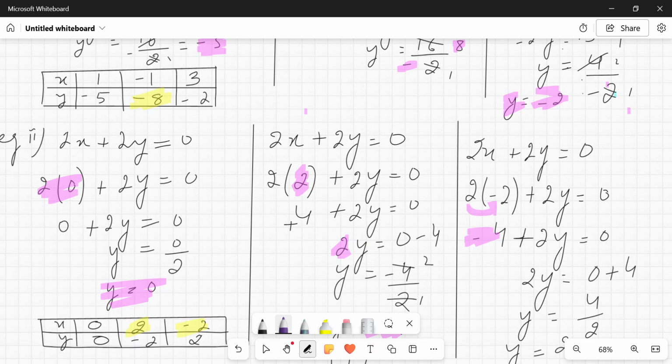So I'm talking about this one here, right? I need these values to be plotted on my graph. First is 1, minus 5, x is 1.